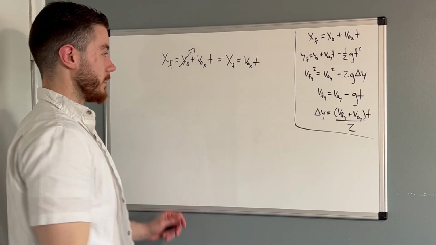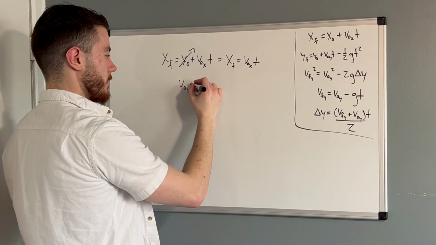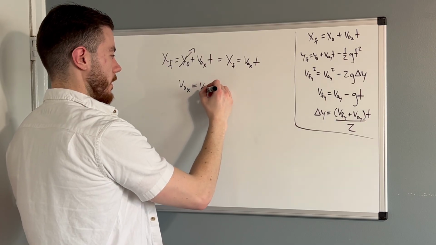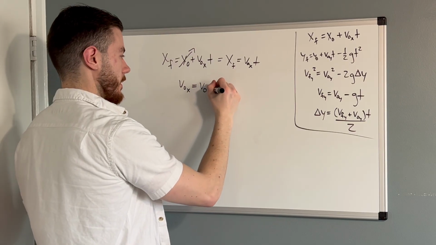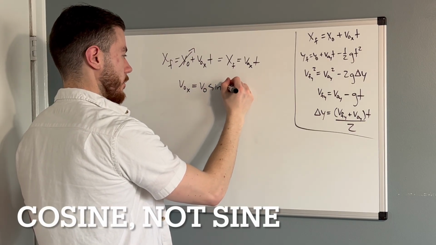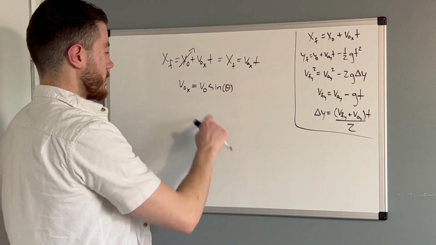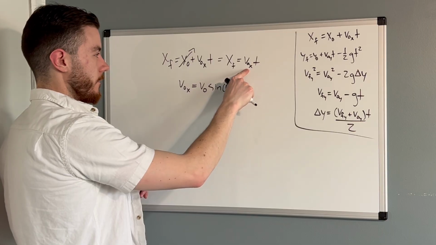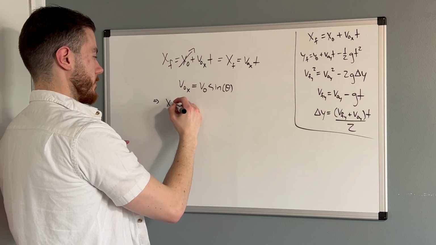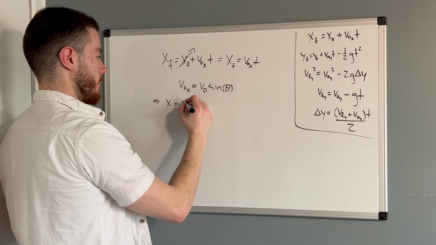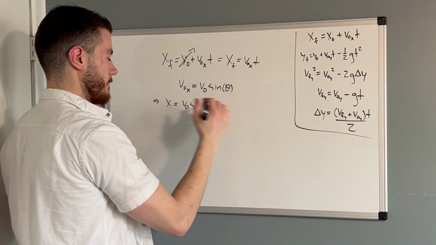Remember earlier, using basic trigonometry, we found that the x component of the initial velocity is nothing more than the initial velocity times sine of the angle the vector makes with respect to the horizontal. Let's substitute that in for v naught x up here. We get x is equal to v naught sine theta t.